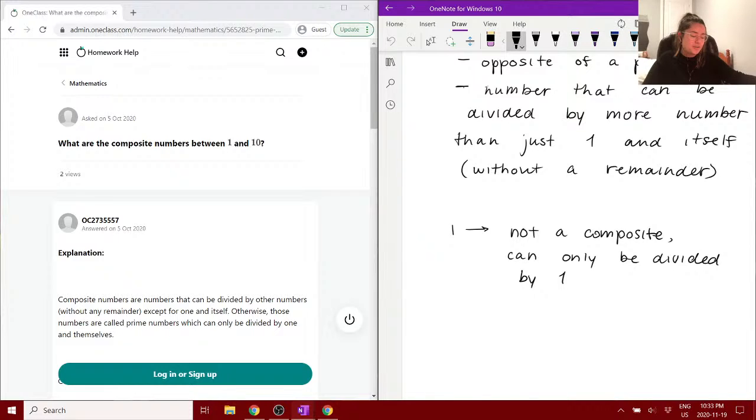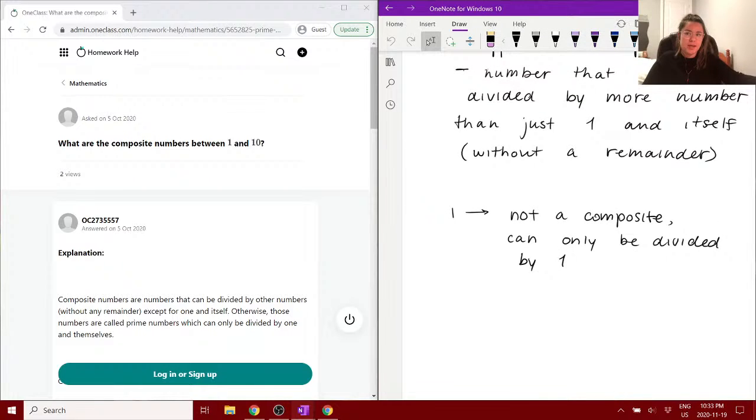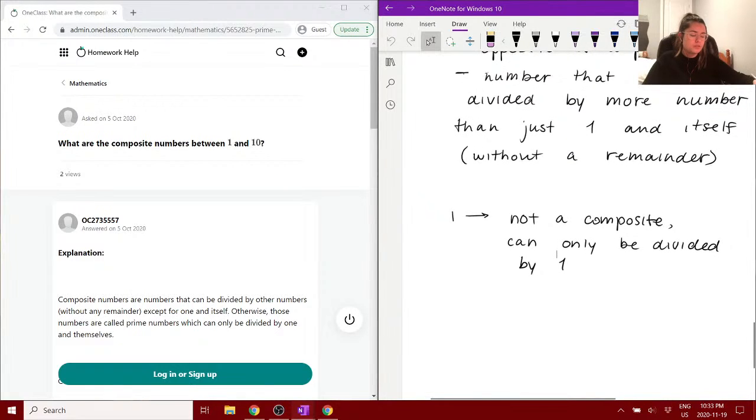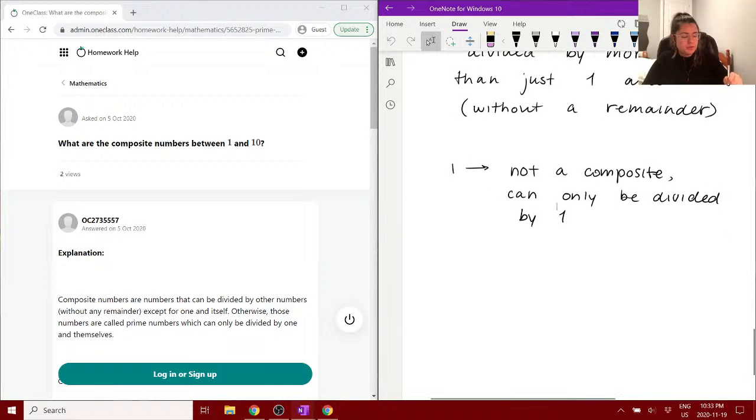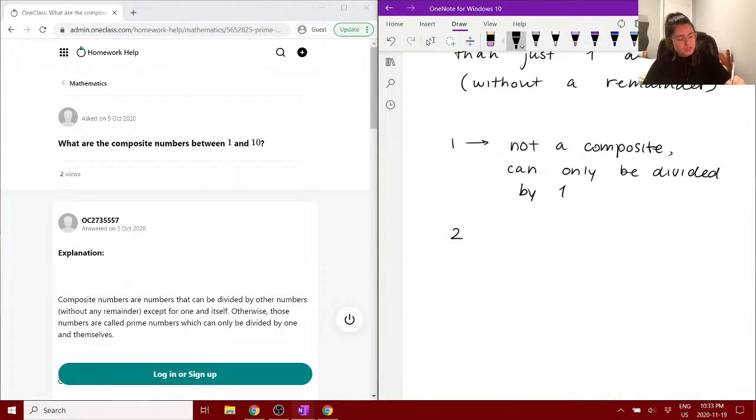So yeah, it can only be divided by 1. If you were to divide it by anything else, you would get not an integer, a fraction or a decimal. So that makes it not a composite number. Let's look at 2. Well, 2 we know is also not a composite number.